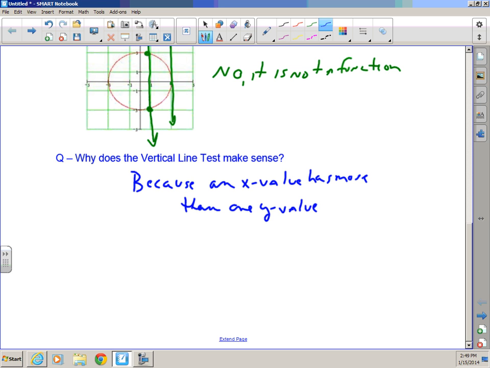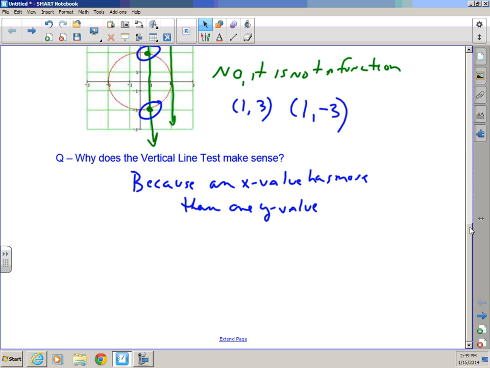In other words, if you looked at the circle graph, the x value of 1 has a y value of 3, which is here, and that same x has a y value of -3. And as you can remember from 2 days ago, that's a set of ordered pairs that fails that test. Okay?